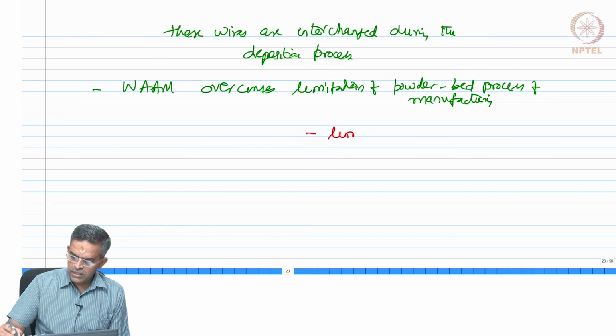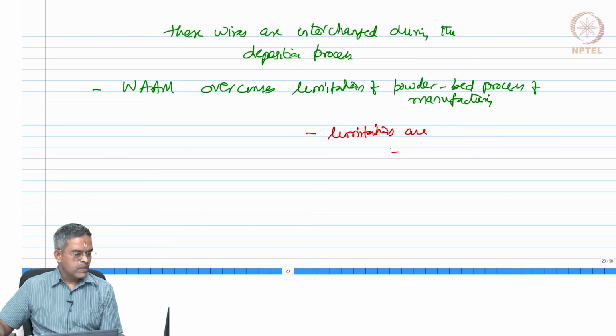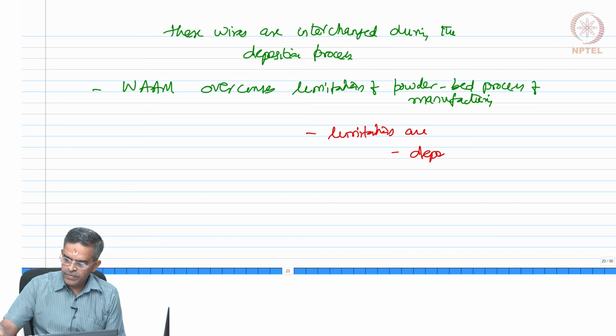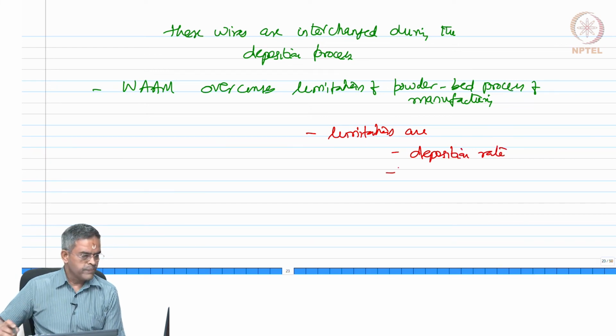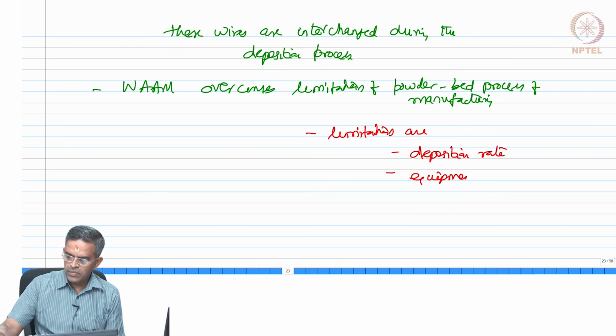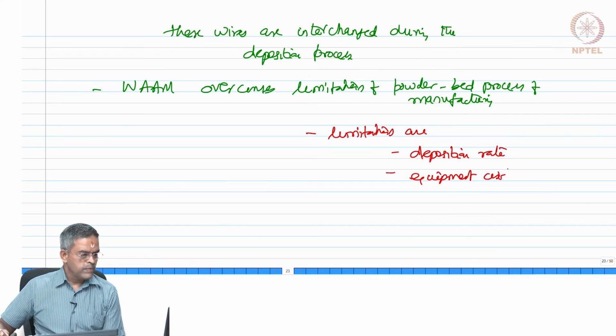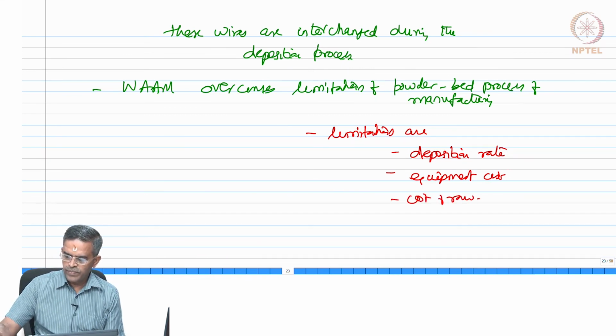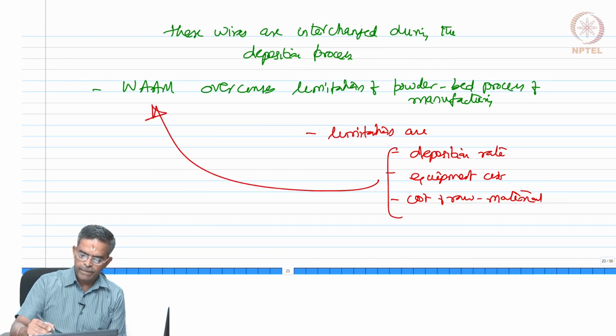The limitations in powder bed manufacturing are deposition rate, equipment cost, and cost of raw material. So, these factors are overcome in WAAM.